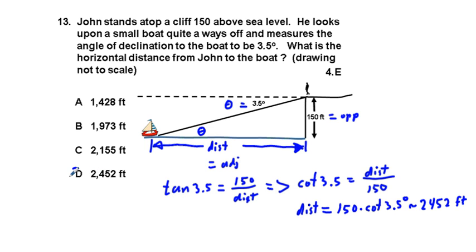And one thing you can do, that's your choice, you can take this angle here, which is going to be complementary. It's going to be 86.5 degrees. If you don't have a cotangent button, you can write this as tangent of 86.5 degrees is equal to our distance over 150. And solve this way. Get the same thing.